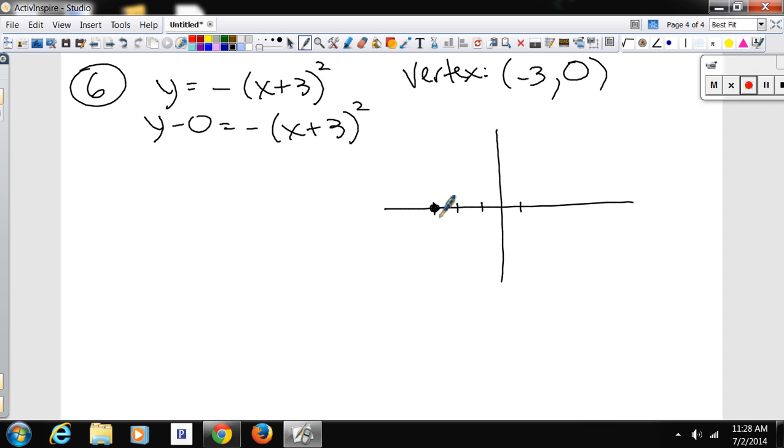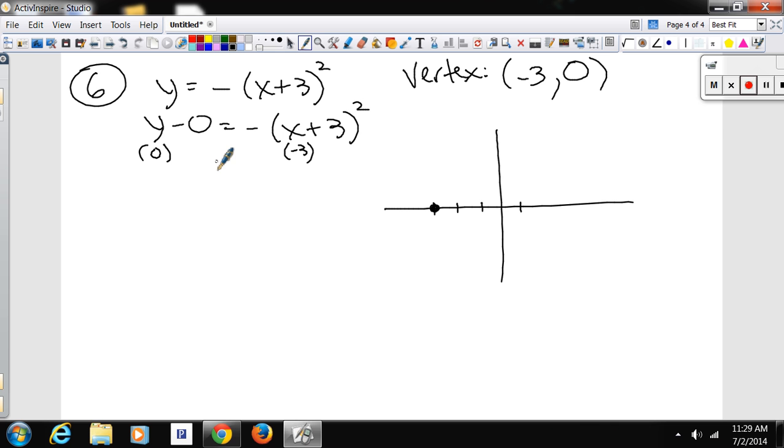I'm going to make a dot right there. Because this would be 0. This would be -3. That would make that 0. To get your vertex, you got to find out what would make it equal to 0, because that's the vertex. So your x is -3 and your y is 0. So -3, 0.